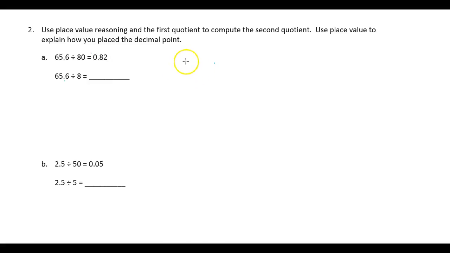So in this case, what we have here is 65 and 6/10, and we're dividing by 80. So I'm going to do 2 steps. I know 8 is in the tens place, so I'm going to divide by 10 to start with. So that means when we do that, we lose a place value.